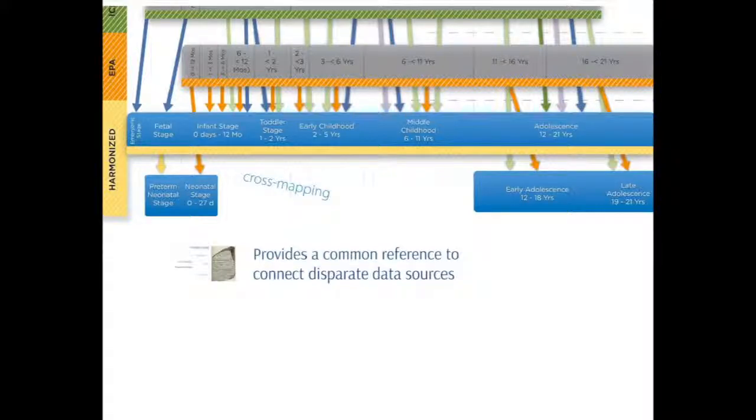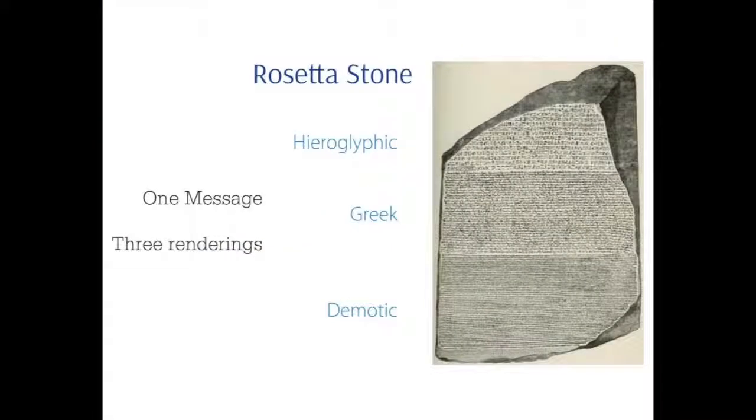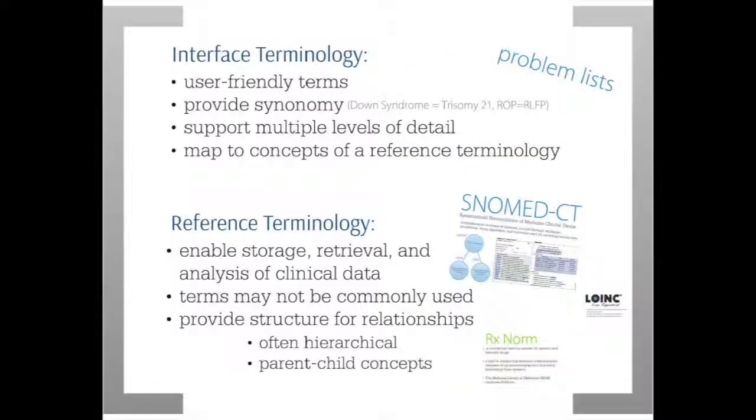It's really providing a common reference to disparate data sources. An example, if you will, is some people refer to it as a Rosetta Stone, where you have one concept, one message, but different renderings of that same message in the different clinical information systems or research networks.